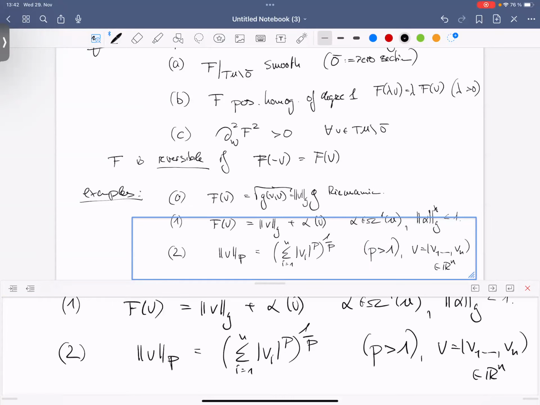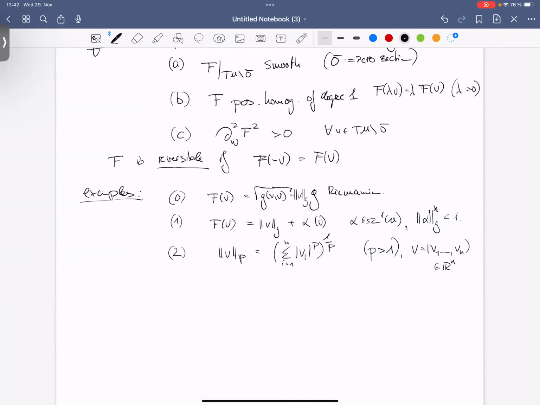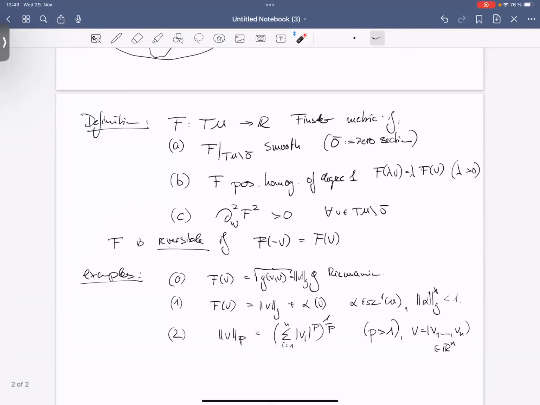This is also a Finsler metric. It's actually reversible. So let me say that. This is reversible, of course, because it's a scalar product. This is in general not reversible. It's only reversible if alpha is constant 0, if we are in our classical case of a Riemannian metric.